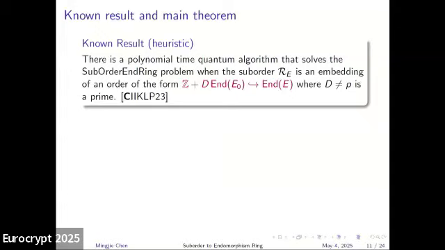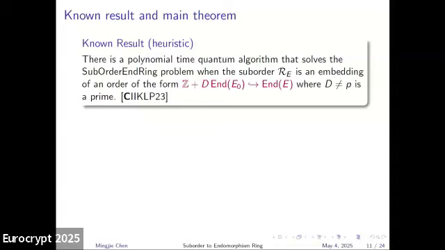And here are some known results regarding this problem. There is a polynomial time quantum algorithm that solves a hard case, but also a very special case for this problem. So the suborder we're dealing with is of the following form. It comes from another elliptic curve, and it's an embedding of this order, Z plus D times the endomorphism ring of E0, into the endomorphism ring that we're interested in.